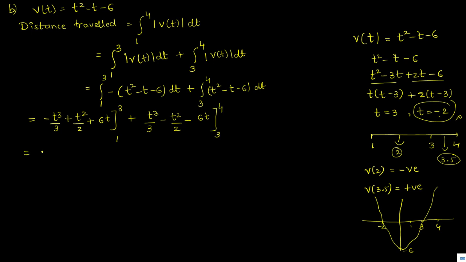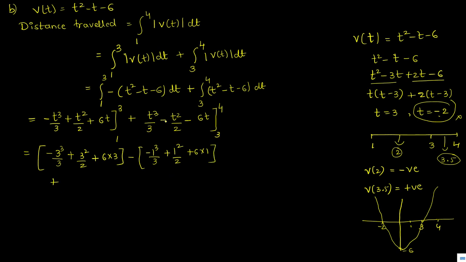Now applying the upper limit minus the lower limit, applying 3 in place of t, it is minus 3 cube by 3 plus 3 square by 2 plus 6 times 3, minus the lower limit, that is, minus 1 cube by 3 plus 1 square by 2 plus 6 times 1.